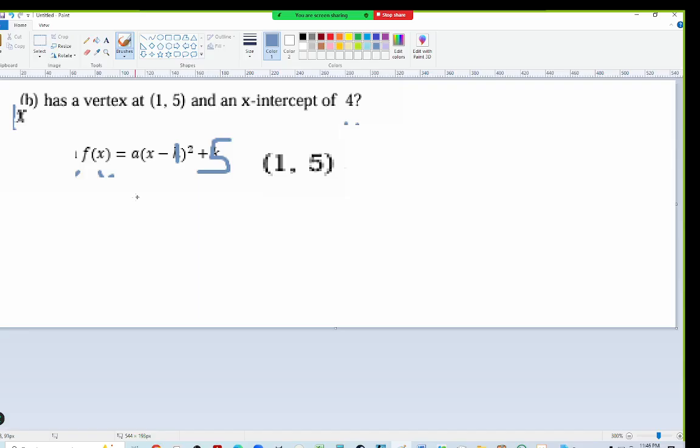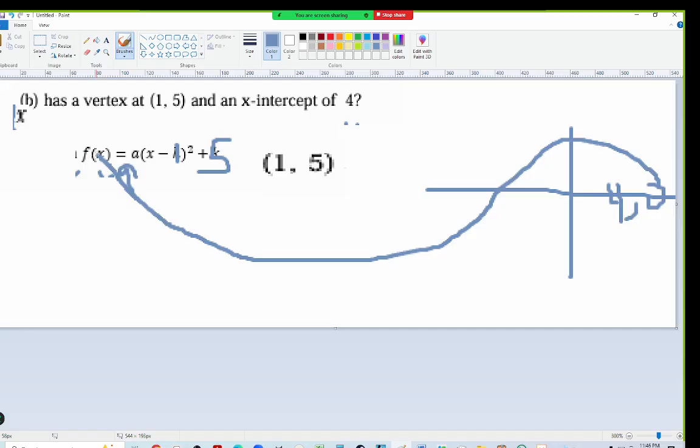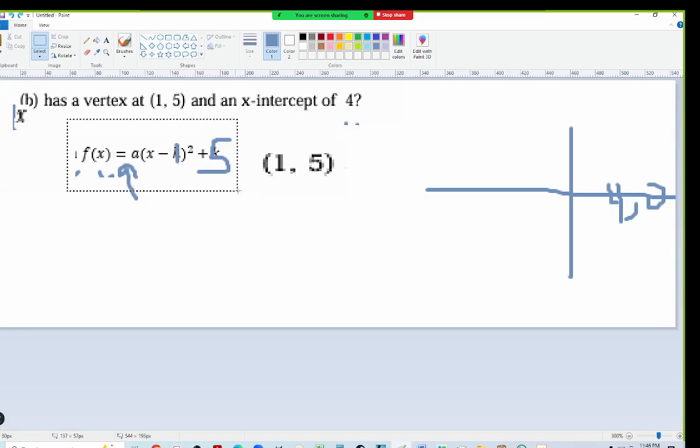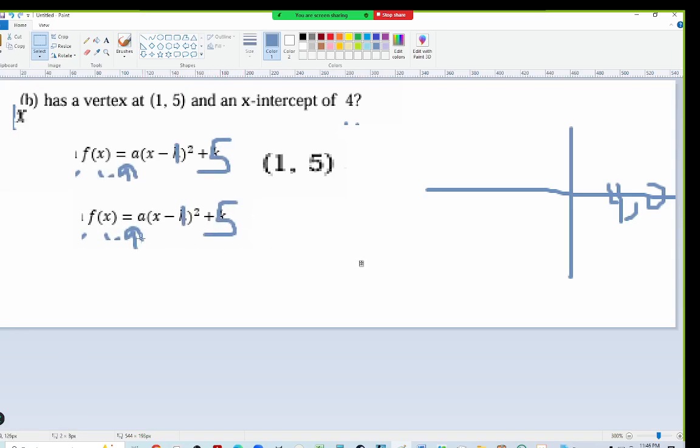We can't solve it because we don't know a, except they gave me a new point. You might say, well, they just gave me 4. But when they give you the x-intercept, it's 4, and the y value is 0. That means I can put the 0 here and the 4 wherever I see x.